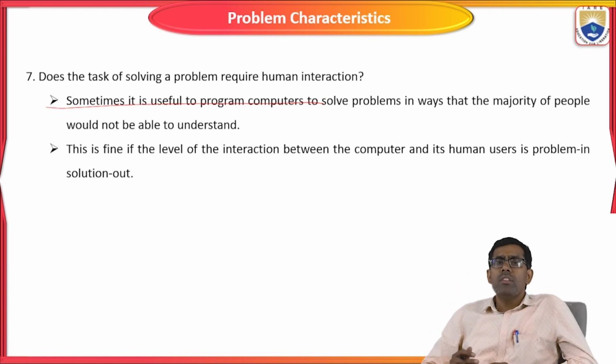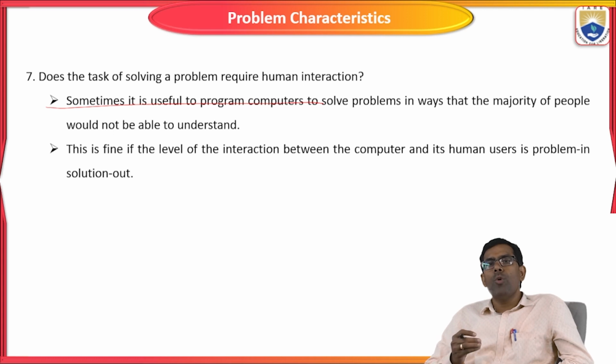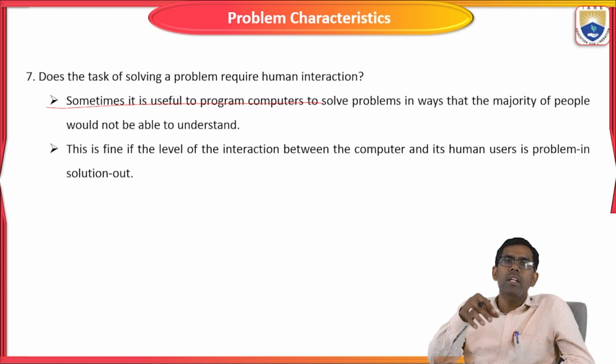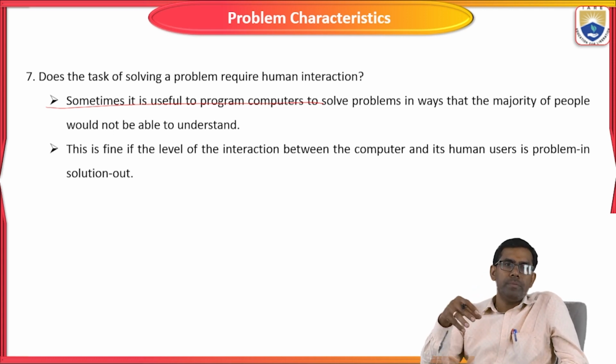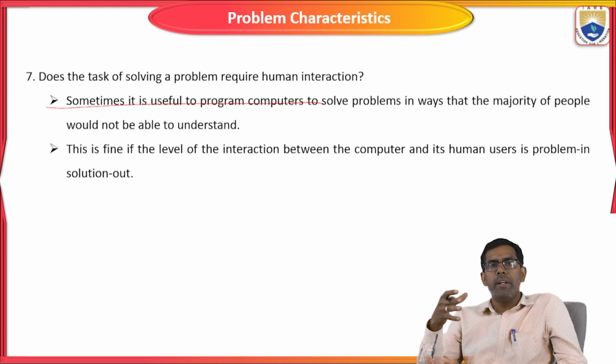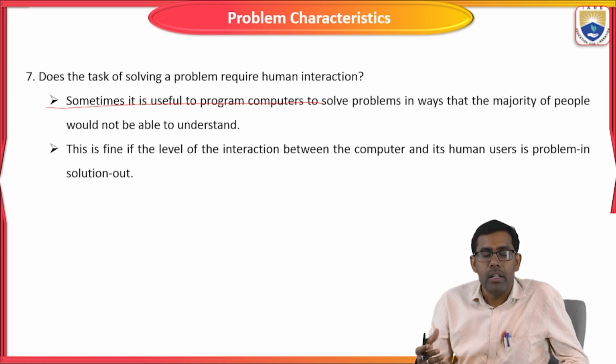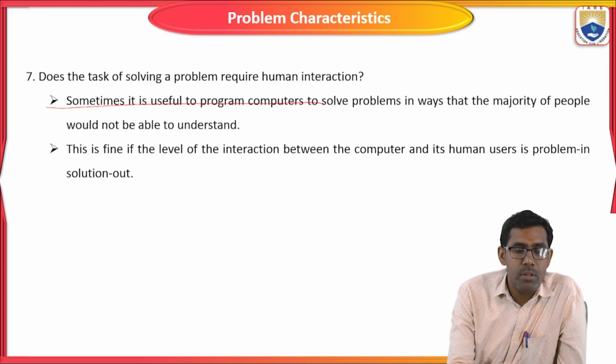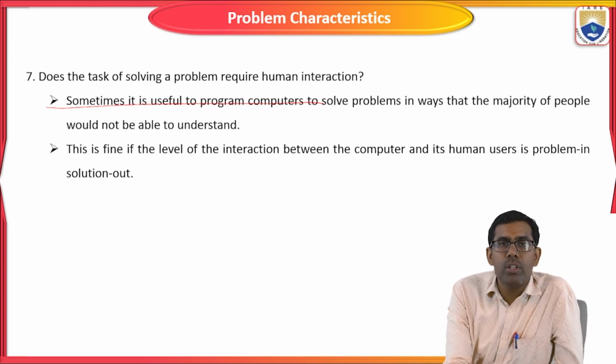If the machine gives you some solution, either a good solution or an actual solution, an unknown person would not understand it. At that time, a human being has to interact with that person and explain, because the machine may not. That is the concept of whether solving the problem requires human interaction.